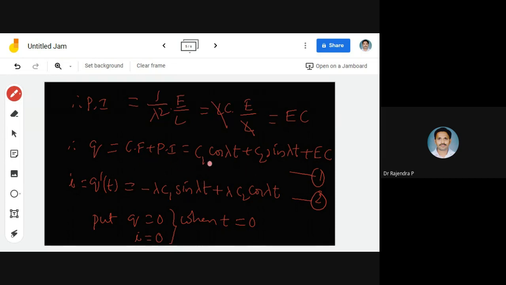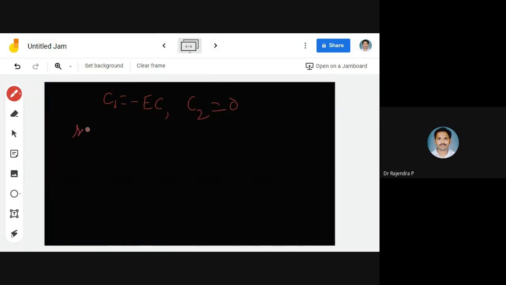This is my first equation. The C1 value is minus EC, and the C2 value is 0. So substitute C1 and C2 in equations 1 and 2. Then the Q value at any time t, I am able to write directly. Go back and check it.